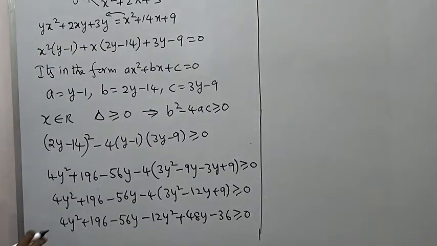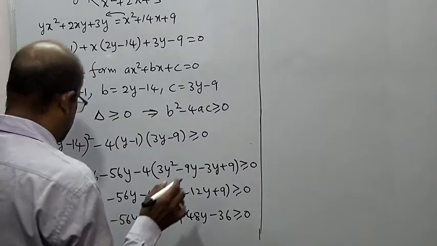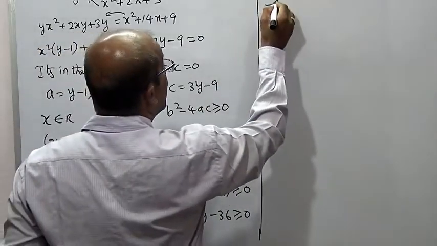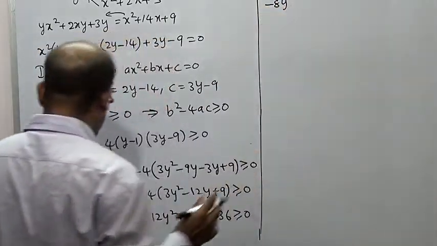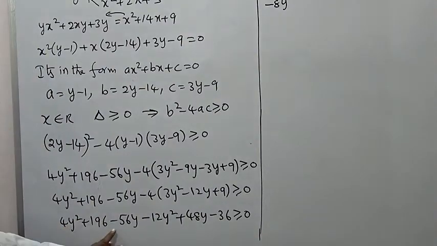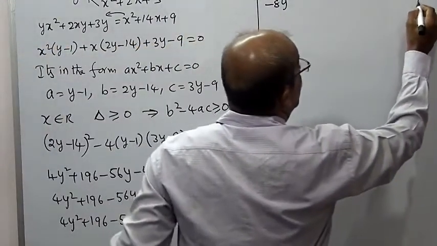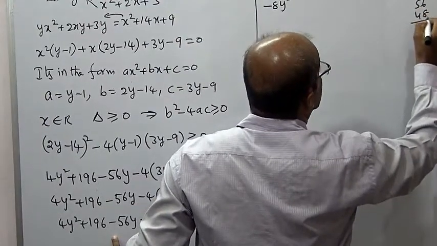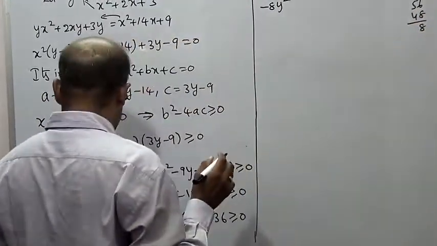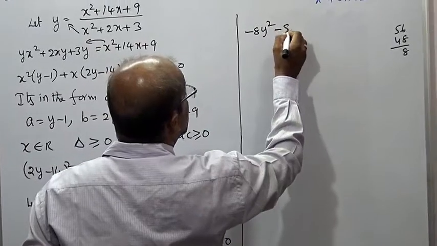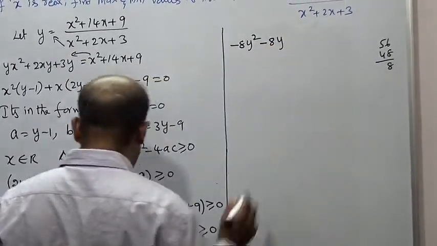So write in order, 4 minus 12 minus 8y square, next minus 56 and plus 48, 56 and 48, so 8, so minus 8y.